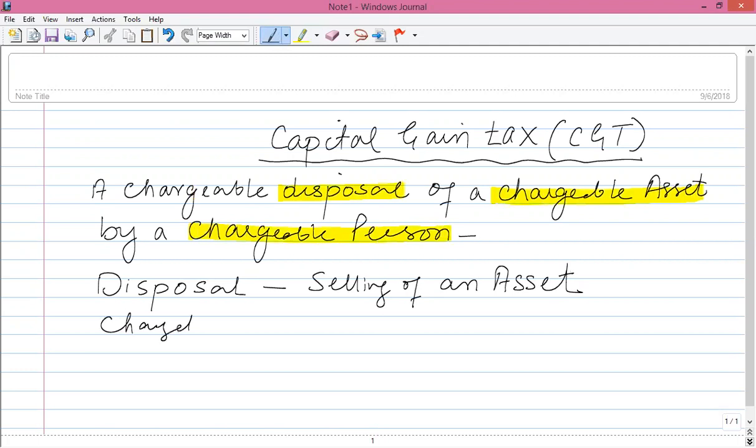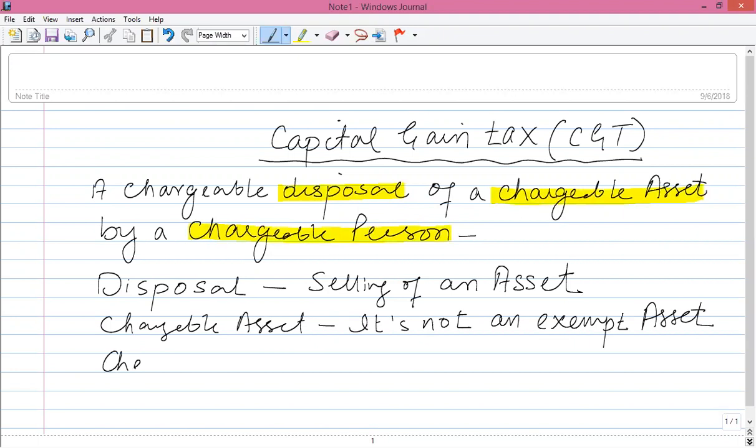Chargeable asset means it is not an exempt asset. In UK, there are few assets that are classified as exempt assets.